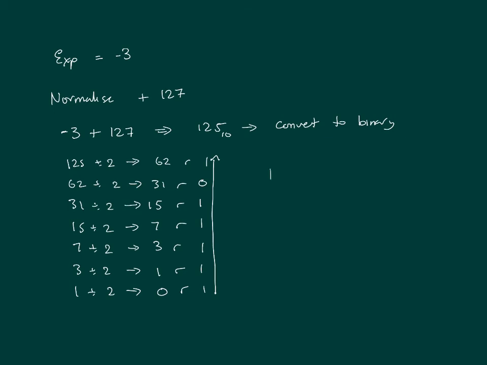So my exponent, if I draw this out, remember I need 8 bits. Starting from here, we have 1, 1, 1, 1, 1. That's 5 ones, a 0 and a 1. So if I count the number of bits, I have 7 bits. So I need to pad.